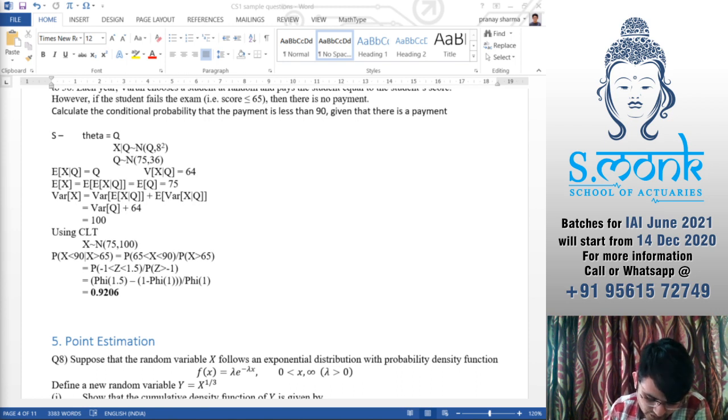Now expected value of X given Y equals 2 is going to be nothing but summation over all values of x of x times probability X equals x given Y equals 2.